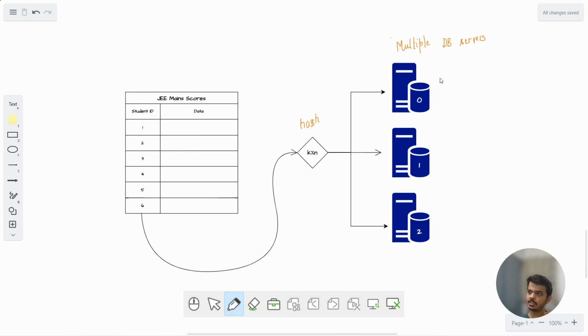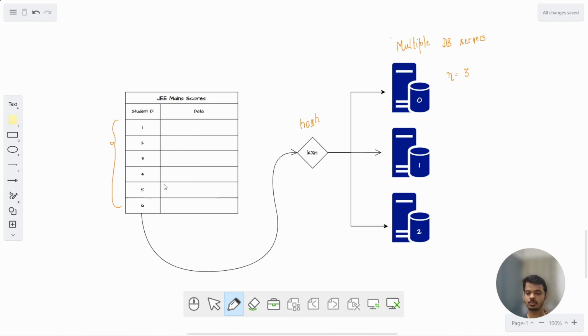Now here let's say we have 3 servers, so n becomes 3. Okay? And let's say for simplicity we have assumed that 6 students have appeared for the JEE Mains exam. Originally you can assume 6 lakh students, right?